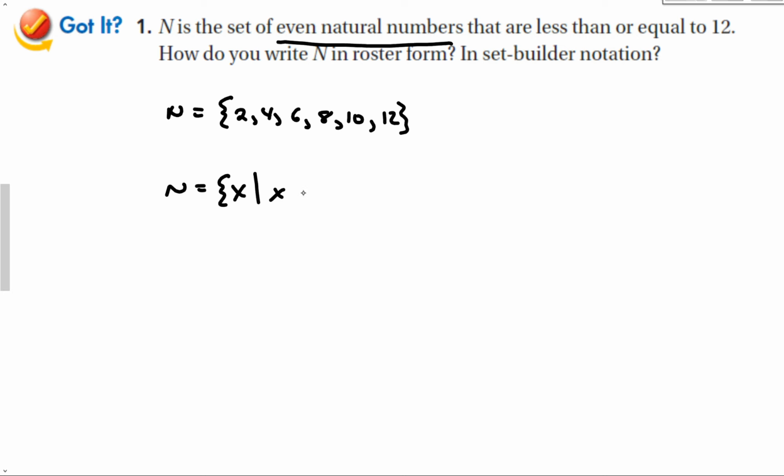So x is an even natural number, comma. What else is one of my constraints on the variable? x is less than or equal to 12. With that information, I could figure out every element that is going to be in this set.